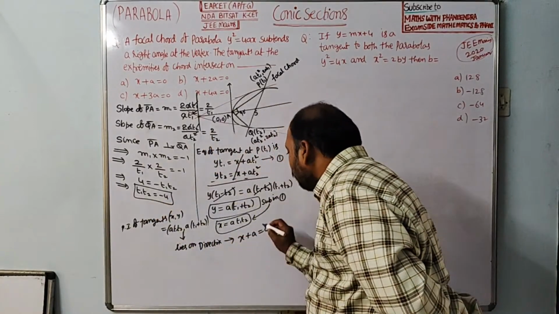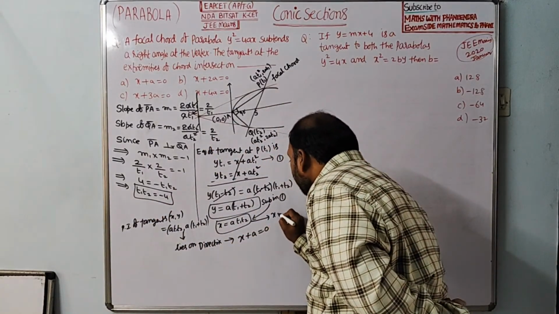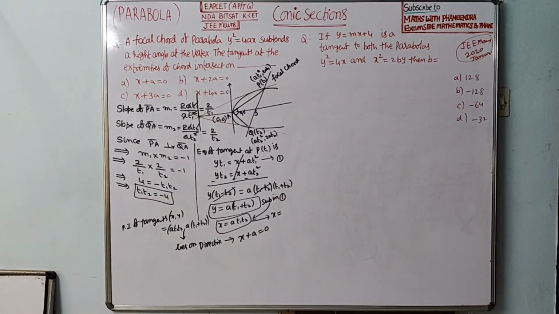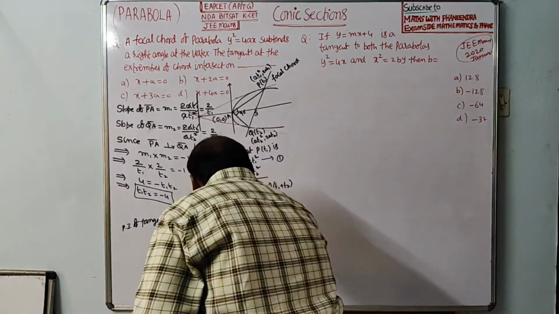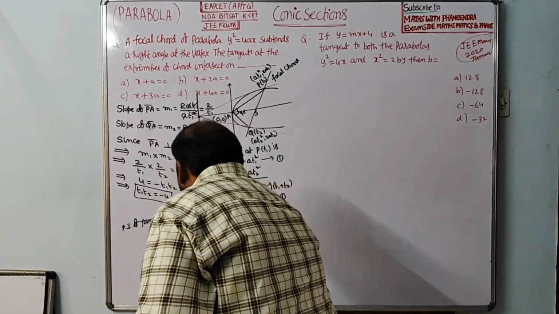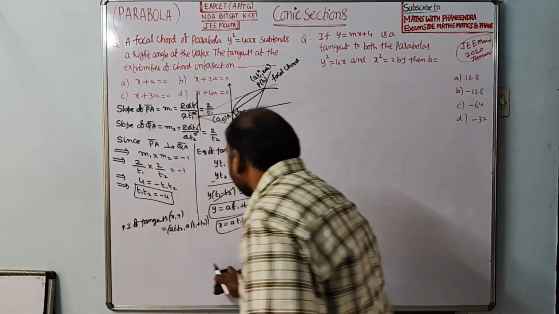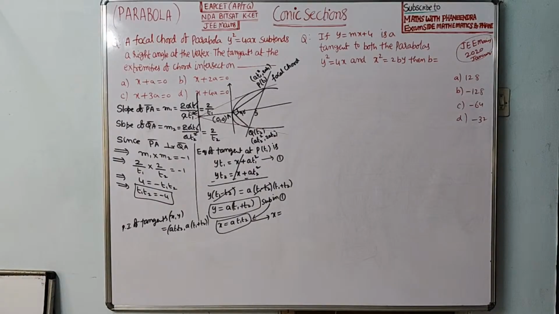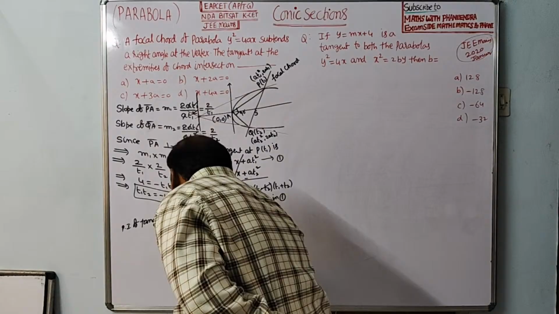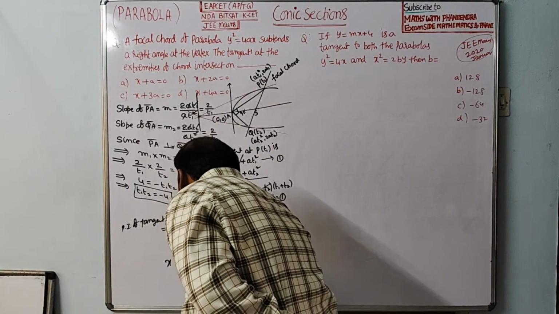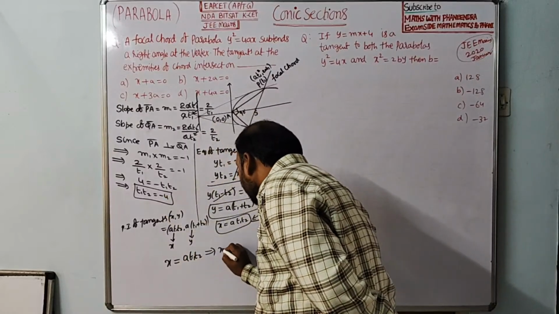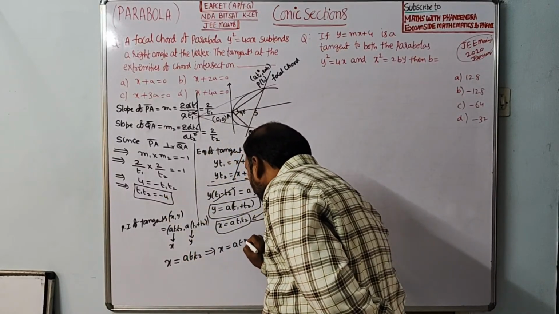We got it here. This is x coordinate, this is y coordinate. X is equal to a into t1 t2. T1 t2 is minus 4. That implies x is equal to a into minus 4.